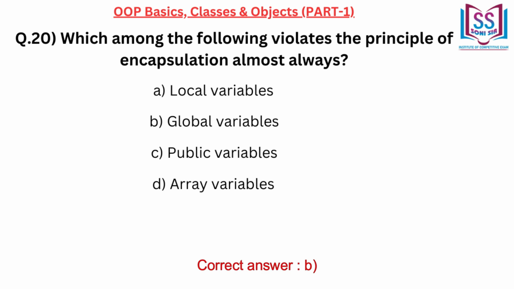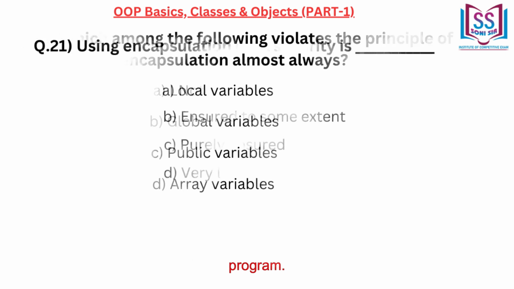Correct answer, B. Global variables almost always violate the principles of encapsulation. Encapsulation says the data should be accessed only by a required set of elements. But a global variable is accessible everywhere, and it is most prone to changes. It doesn't hide the internal working of the program.